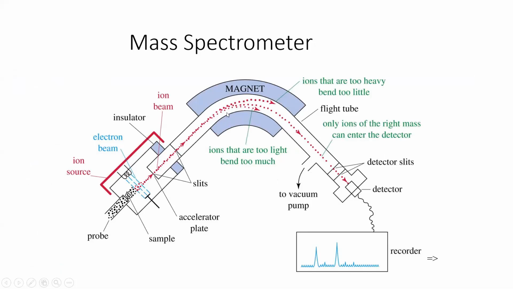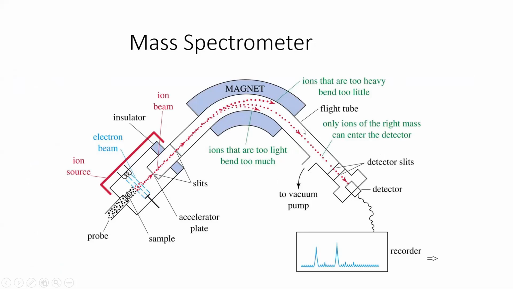So the ions are now accelerated towards the detector. If you look at it, in this electromagnetic segment, the ions that are too heavy will bend a little. Ions that are too light will bend very much because it's a curved magnet, and they will arrive at different points.